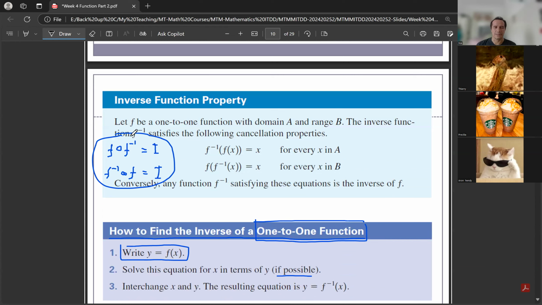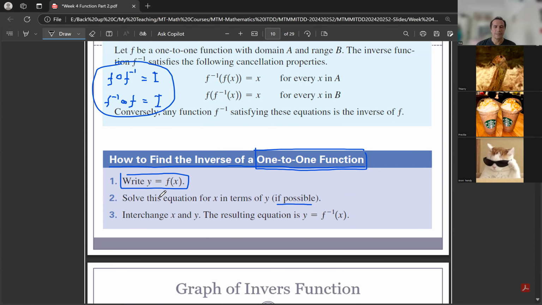And this is the property of the inverse of a function: the composition of F inverse with the original will be identity.